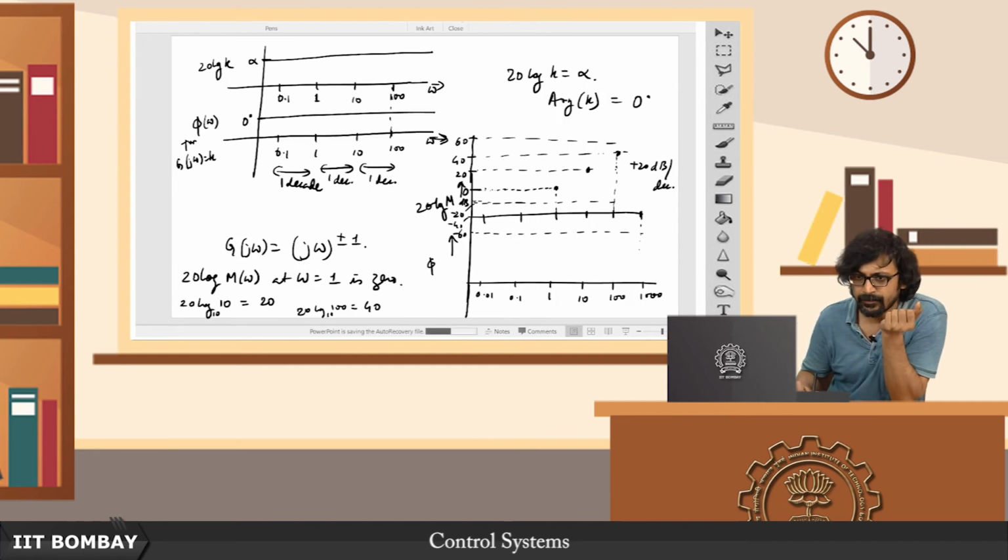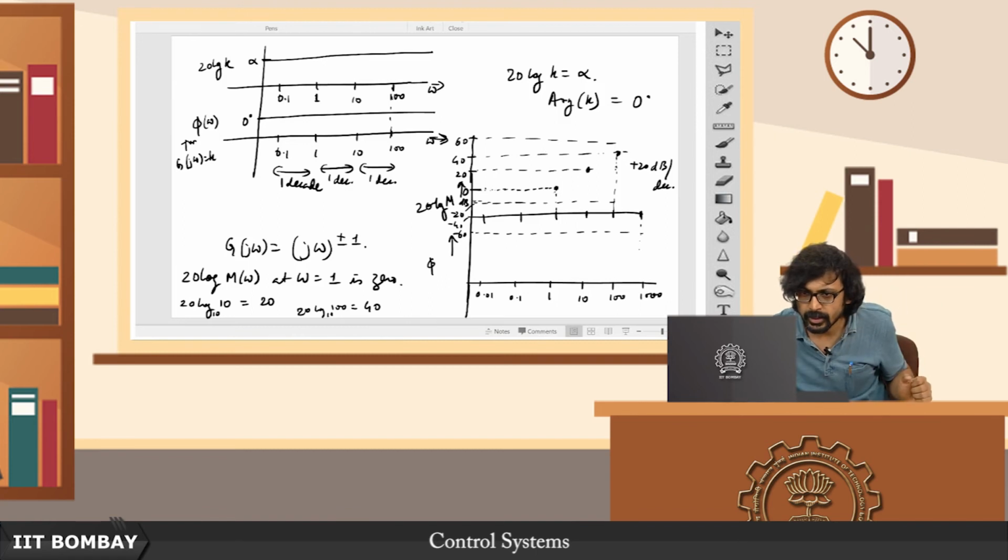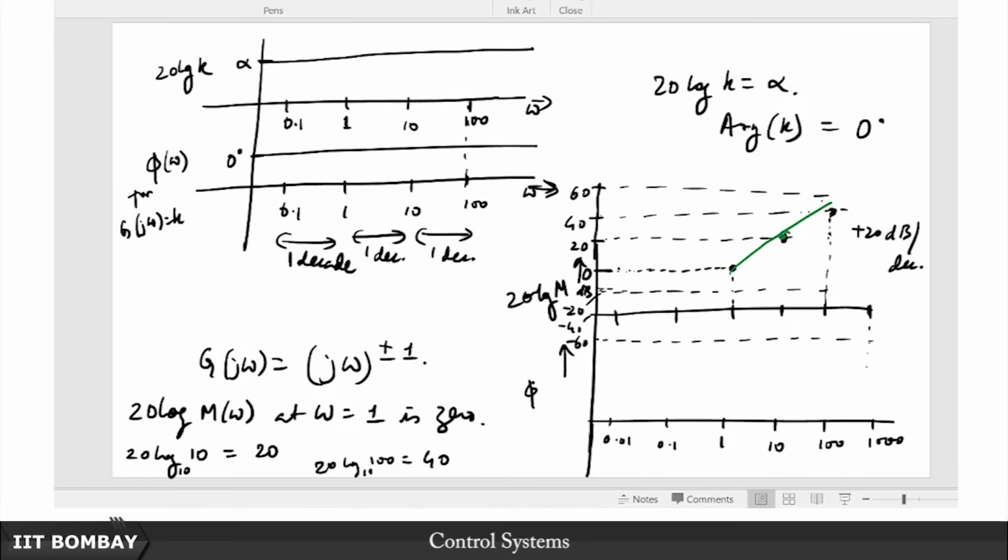Yeah. So this fellow passes through 0 dB at omega equal to 1 and then rises at 20 dB per decade if this sign is plus here. By the same token, let me just join this line here, this is just going to be a straight line plot. Sorry if this is not matching, it's just my bad drawing. Yeah.